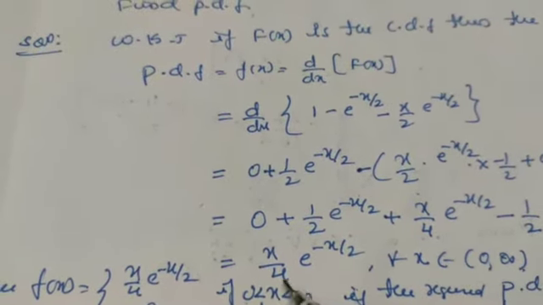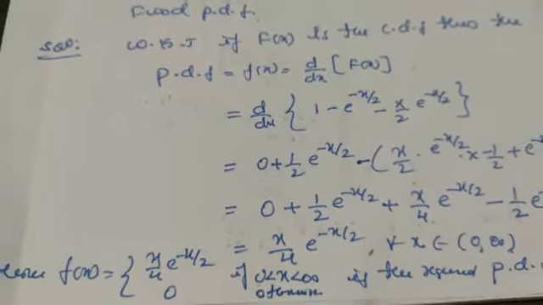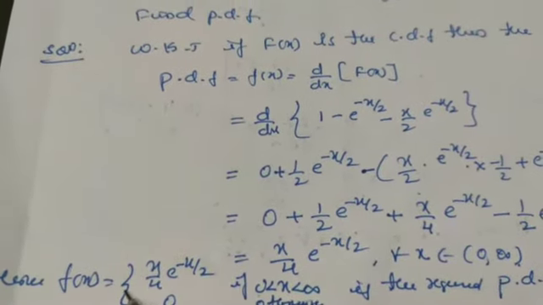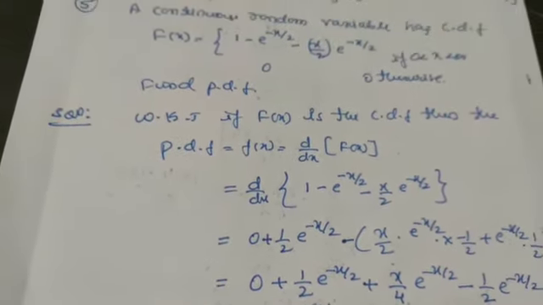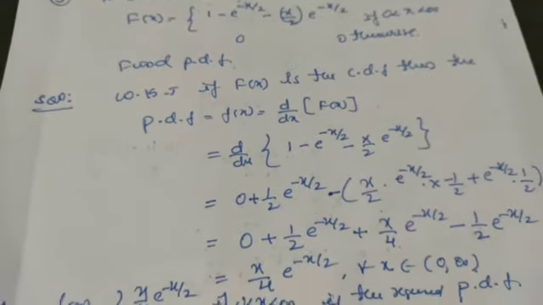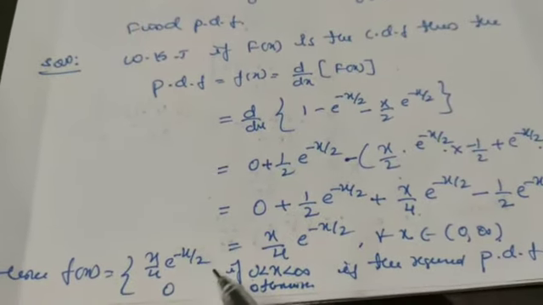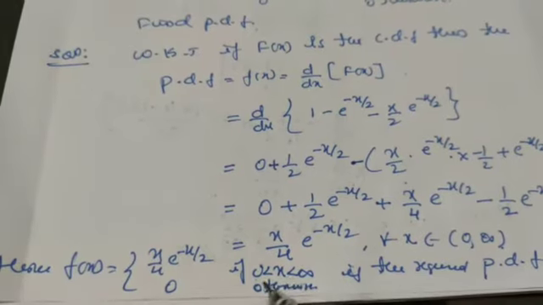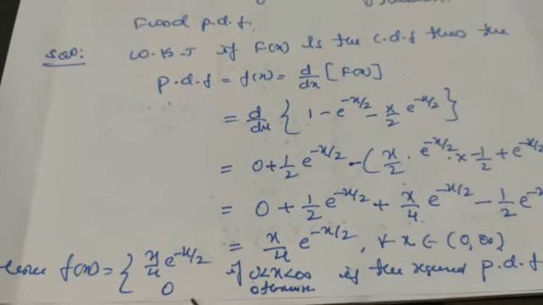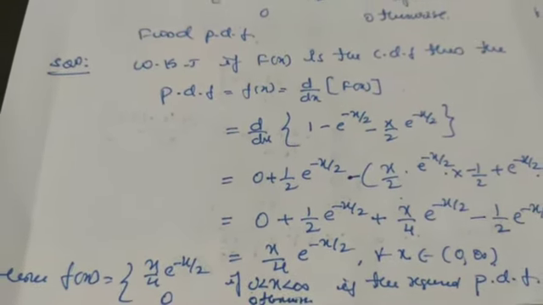Therefore we can write f of x is equal to x by 4 into e raised to minus x by 2 if x is between 0 and infinity, and it is 0 in all other cases.